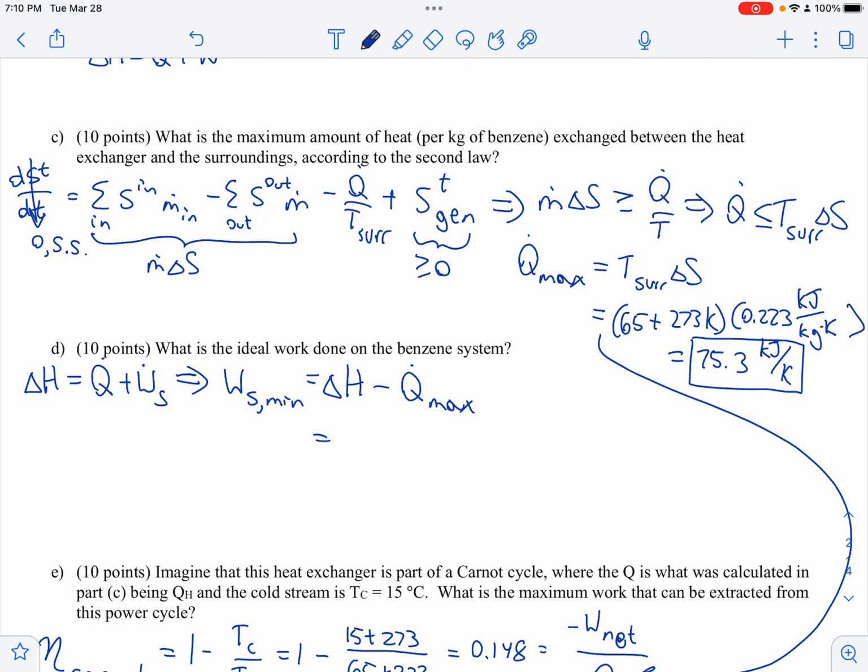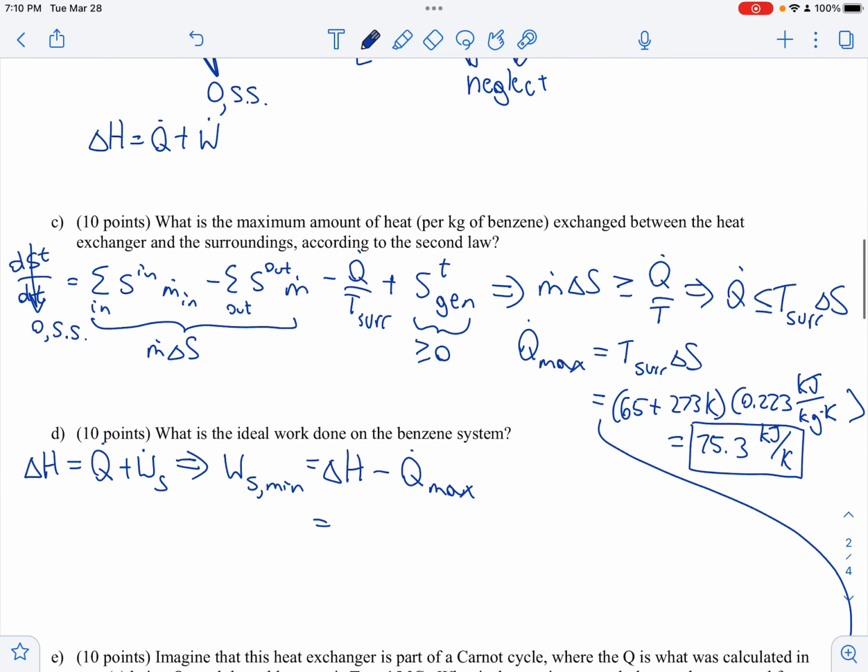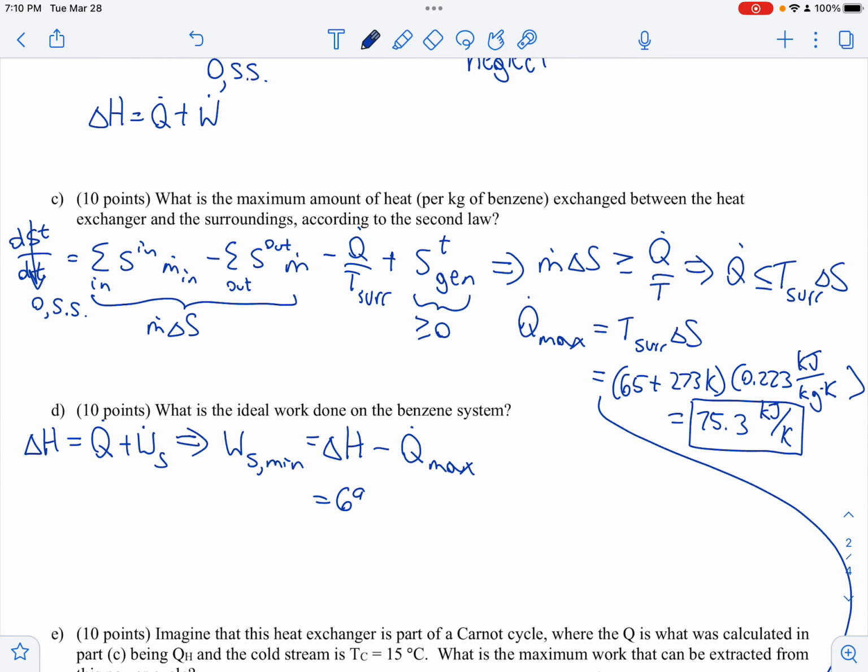And then part D, we needed the delta H from part C, which is 69.6 kilojoules per kilogram. And then I need to subtract Q max, which is 75.3 kilojoules per kilogram.